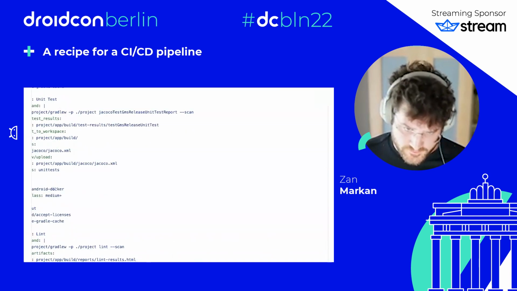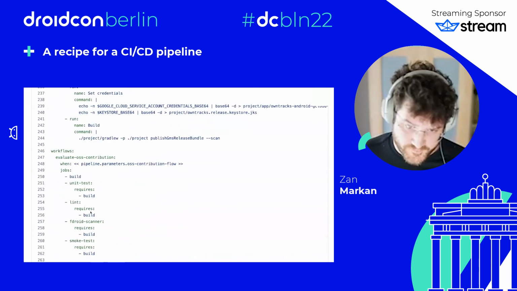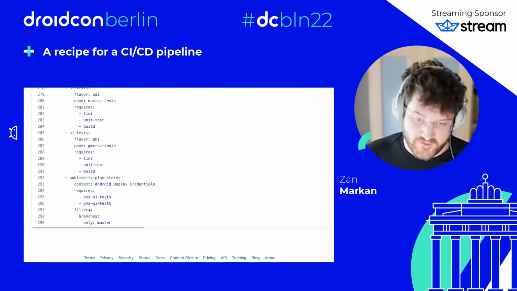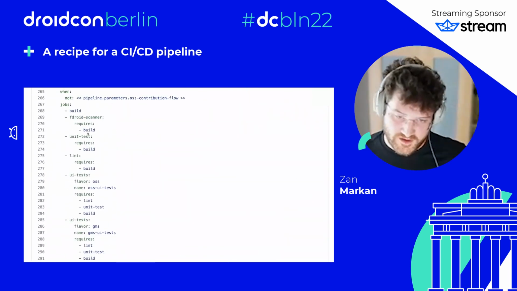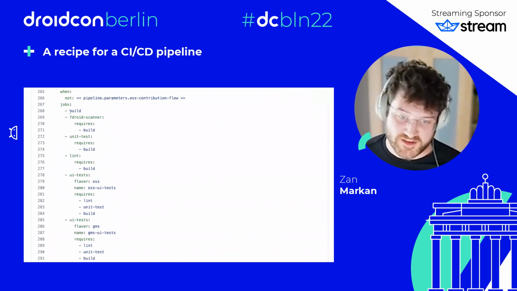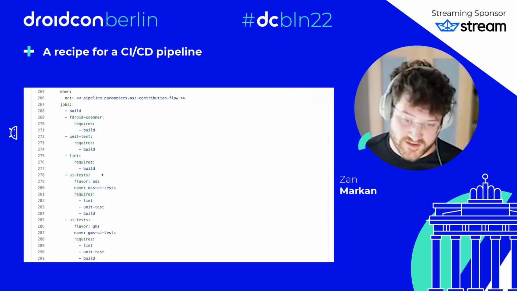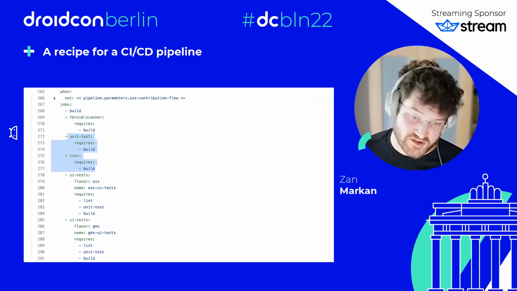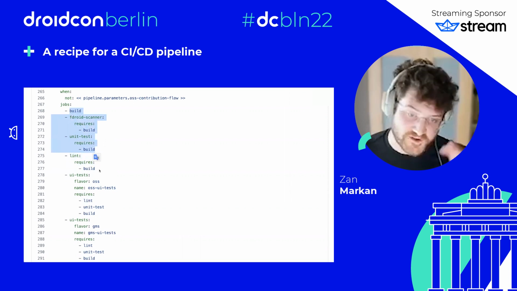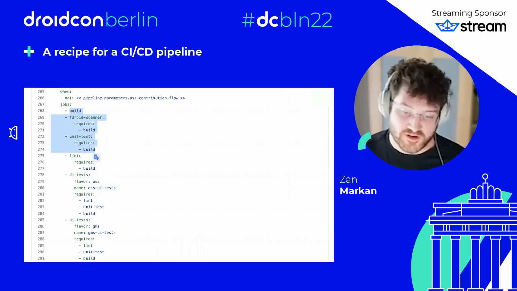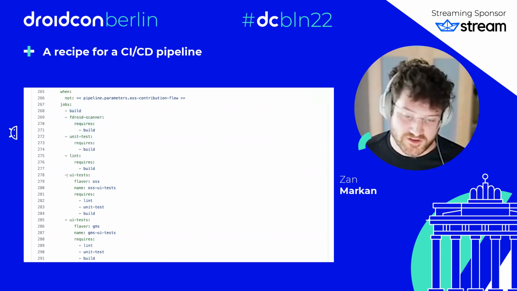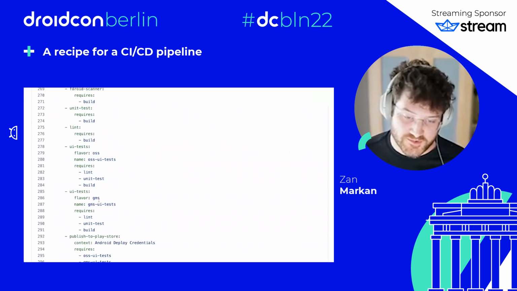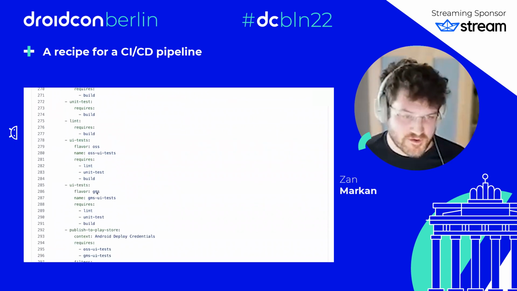Sorry, let me just go back to here. We can also have our workflow, which has all these requirements, and build our graph like this. So in this case, unit testing and linting and scanning for the open source submission are in the first stage after build, and only if these pass, we will continue on to the 2 types of UI tests. Just because they're expensive, they take a long time.